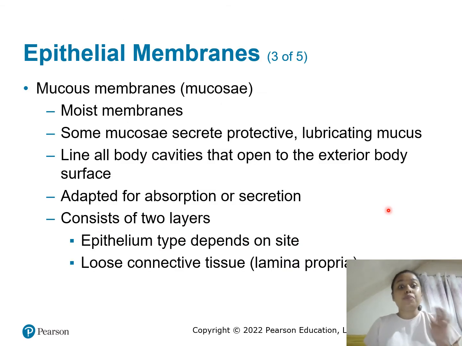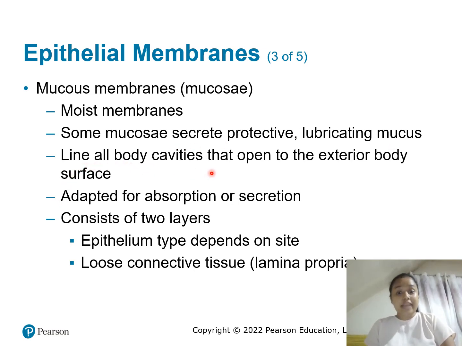Now, moving on to your mucous membranes. Mucous, okay? Not to be mistaken for mucus, which is your snot. These are moist membranes. The mucosae, the plural of mucosa, secrete protective lubricating mucus.